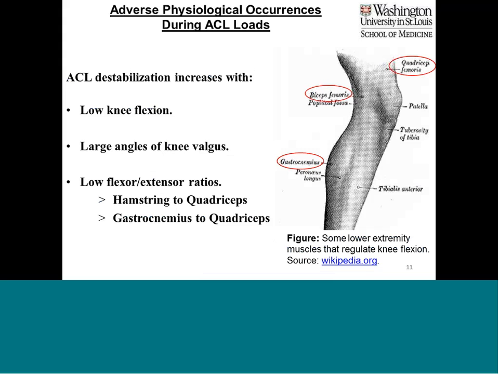These are the muscle activation recruitment ratios in the hamstring to quadricep and gastrocnemius to quadricep. If these flexor extensor ratios are lower, then it has been seen that ACL destabilization increases.